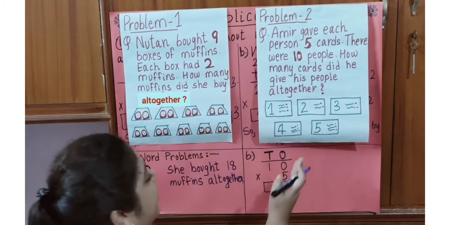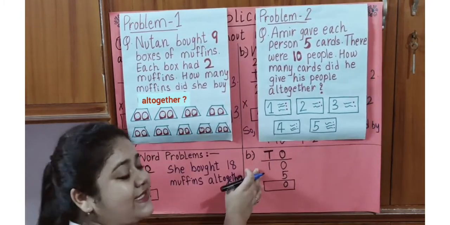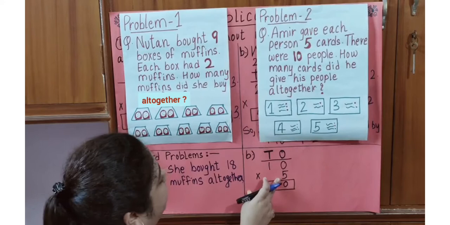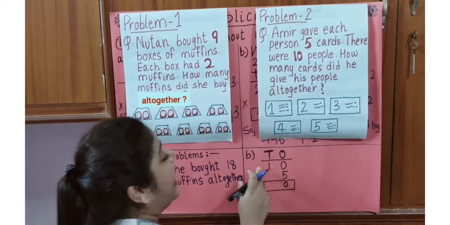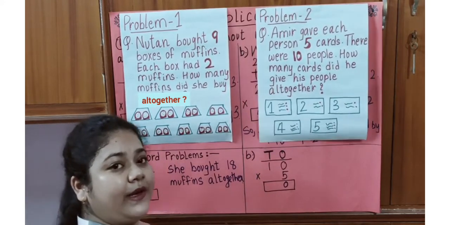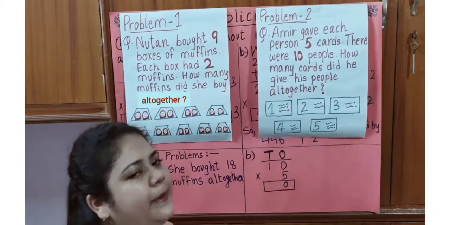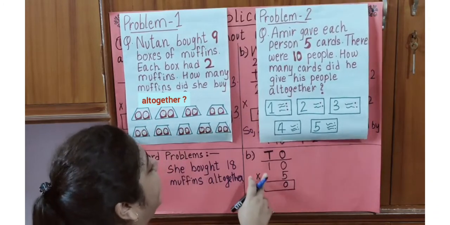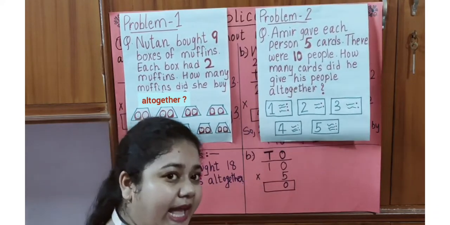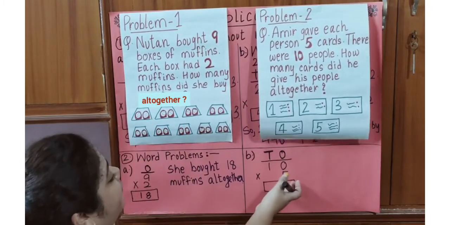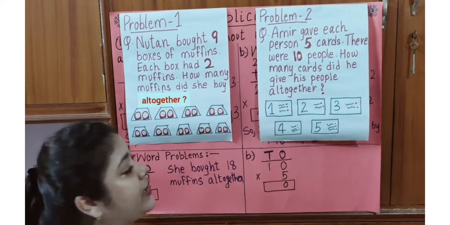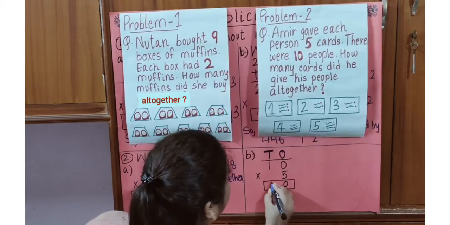So we are done with the ones place. We'll move on to the tens place. Now we have the number 1, and we also know that any number multiplied by 1 will give the exact same number. So 5 into 1 is going to give us 5 only.